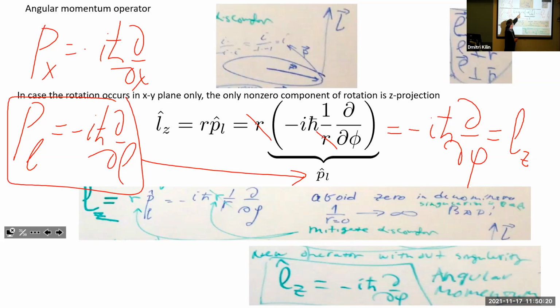If we plug in the definition of the analog of momentum along arc length from the previous slide, so 1 over r, derivative over angle, and here we have the radius from the definition of angular momentum, then we cancel the distance, and we get the Planck constant, imaginary unit, and a derivative over angle.